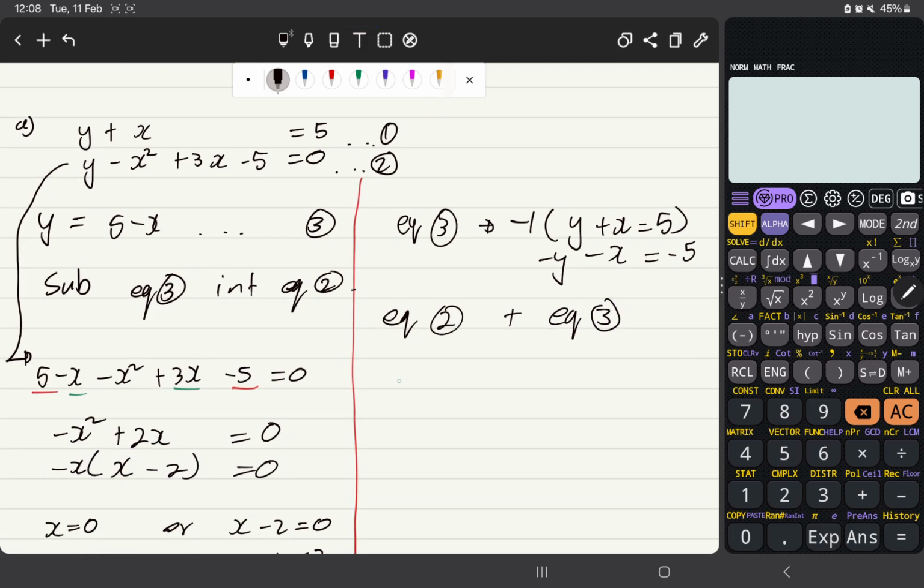So now we take equation 2, which is y minus x squared plus 3x minus 5 equals 0, and we are adding that with minus y minus 0x squared minus x, equals minus 5. Alternatively, that 5, I can just transpose it to this side, where it will be a positive 5. Then I just have zeros, right?